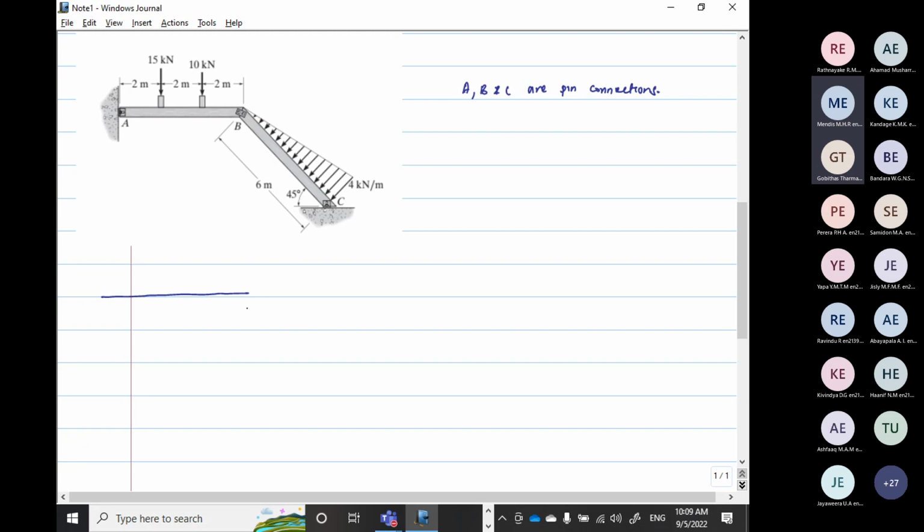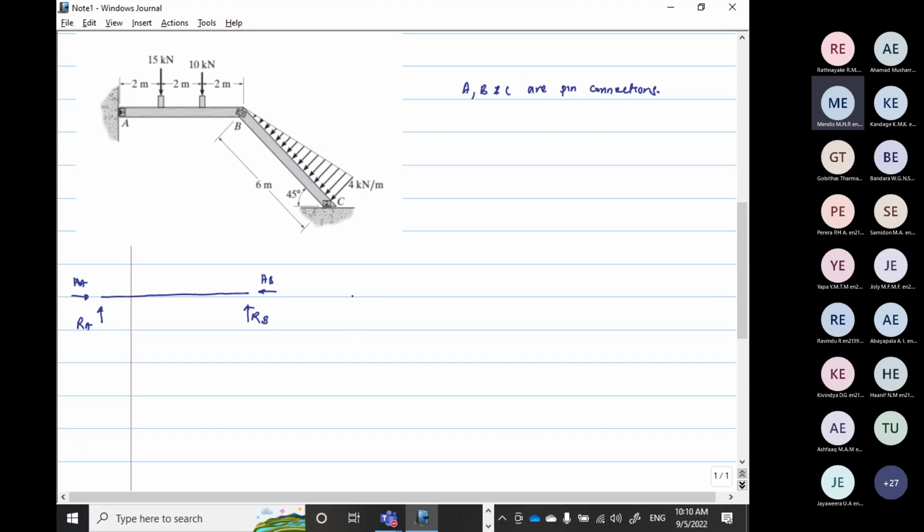So here I can mark a reaction RA. If it is a pin, I'll have RB, and I can have a horizontal reaction as well, HA and HB.